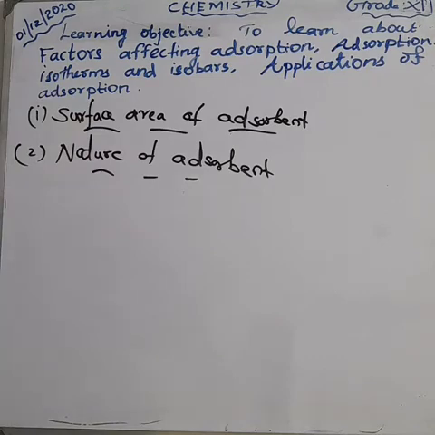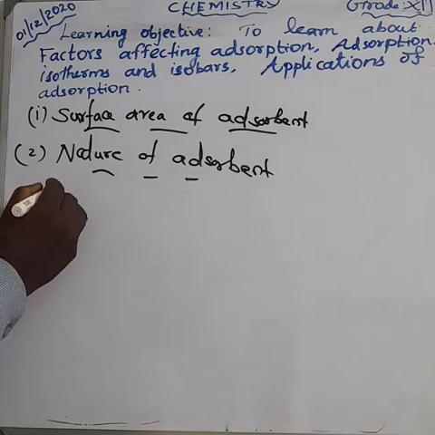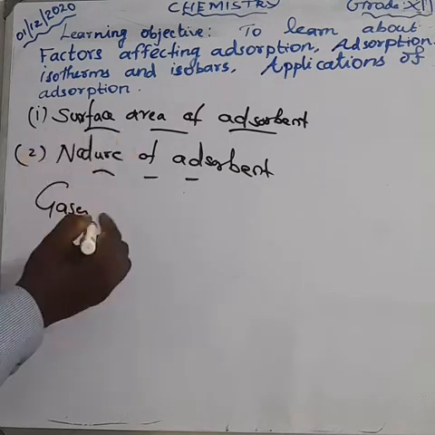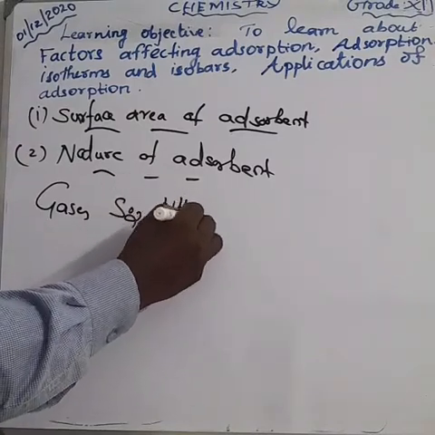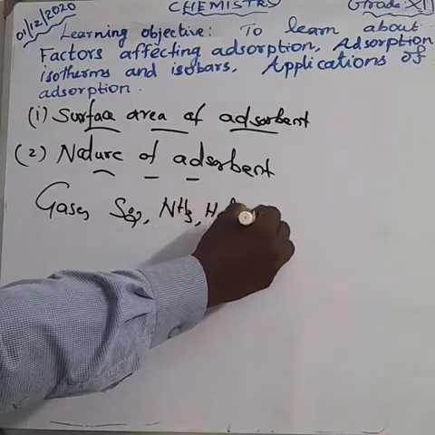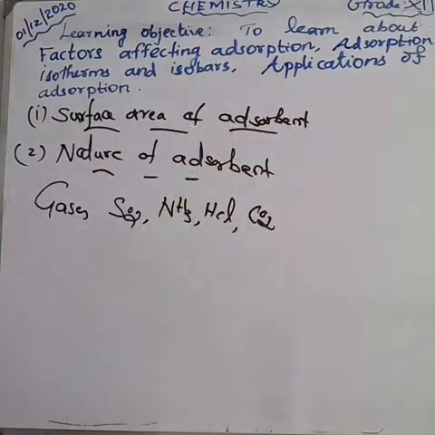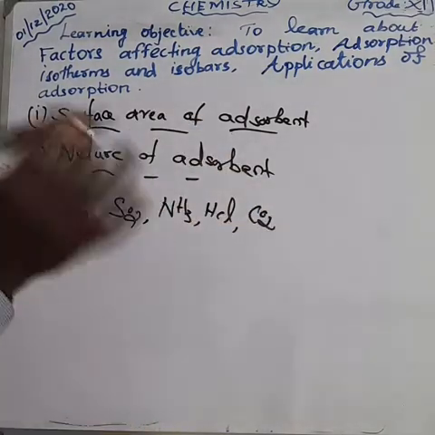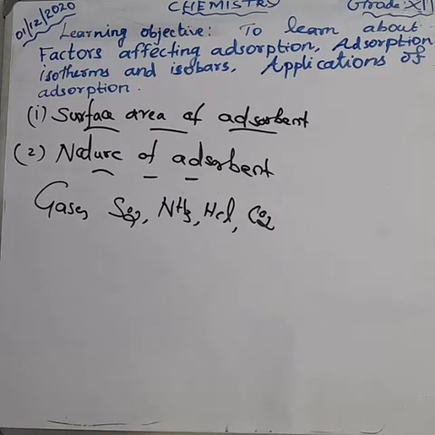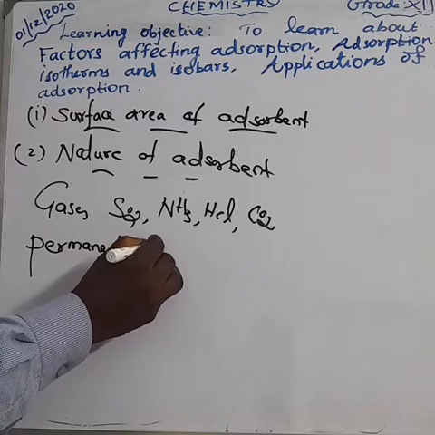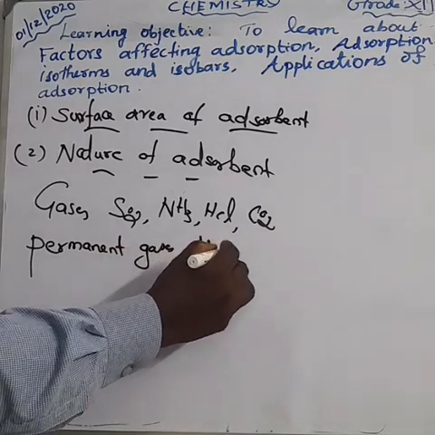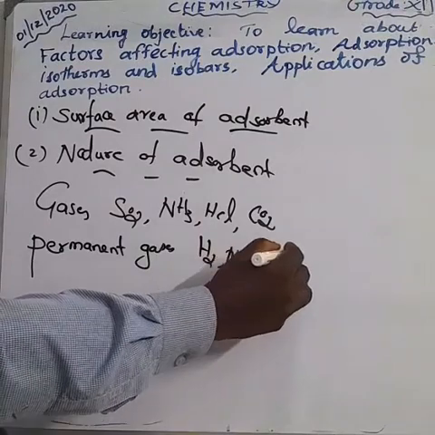For example, we can take some gases: SO2, sulfur dioxide, ammonia, HCl, carbon dioxide. These are easily liquefiable gases. Other gases are permanent gases, like hydrogen, H2, nitrogen, and oxygen.